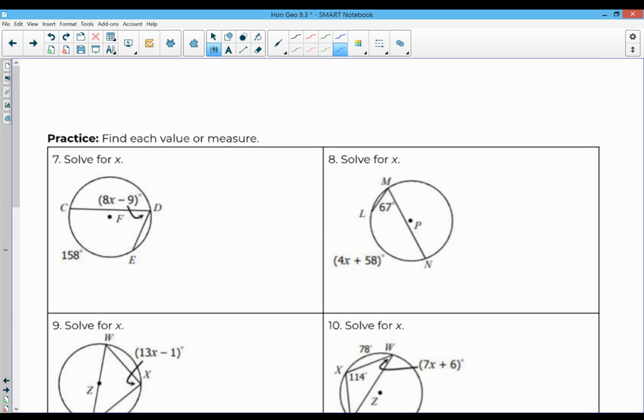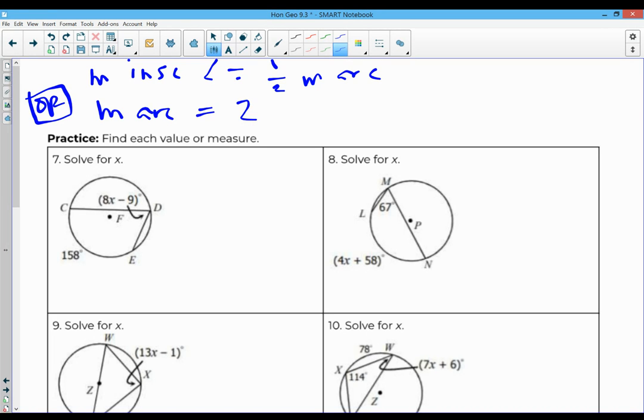I can say that the measure of the inscribed angle equals half the measure of the arc, or the measure of the arc equals 2 times the measure of the inscribed angle. We can use those interchangeably. Maybe I'll use one, maybe I'll use the other, depending on the problem. We'll just go with the flow.